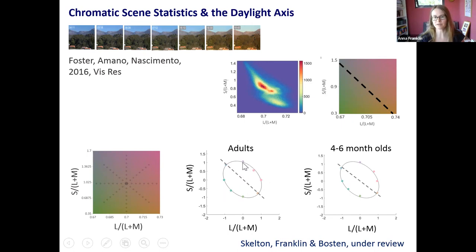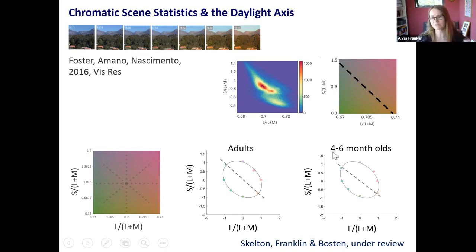So each hue is plotted here in the colour space, and the distance from the central point tells you how intense that colour needs to be for the adult to be able to detect it. And when you plot an ellipse, you can see that it elongates, it stretches along this blue-yellow natural daylight axis. So in other words, adult sensitivity to colour is related to the statistical regularity of colour in our natural world.